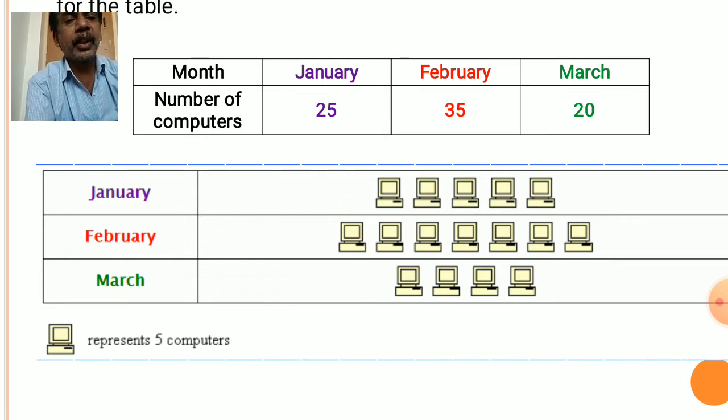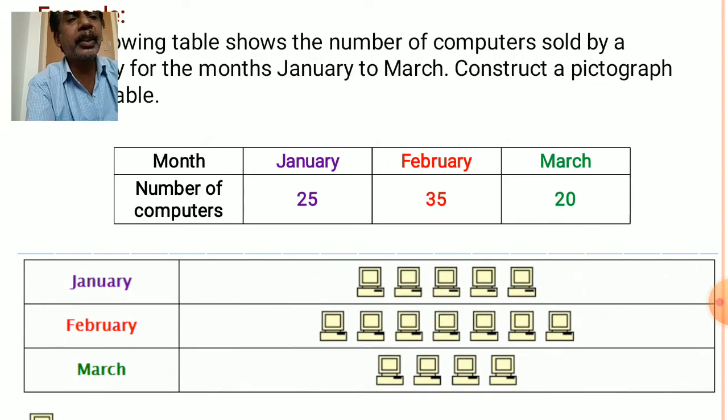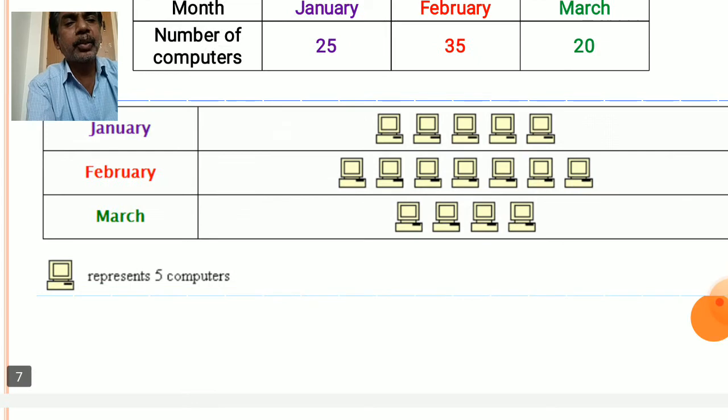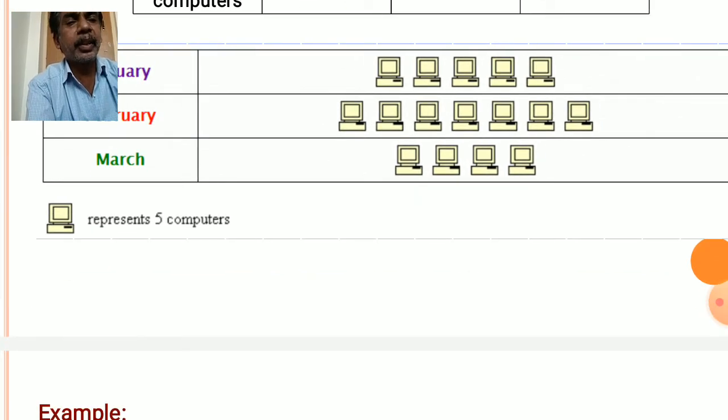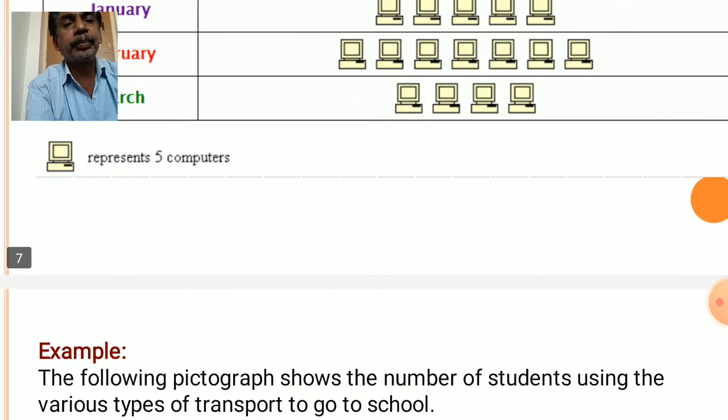Therefore 7 fives are 35, because each computer counts as 5. In the month of March, four computers are shown here. 4 fives are 20, because each computer counts as 5. So this is the pictograph, and it can be understood by a layman or common people.